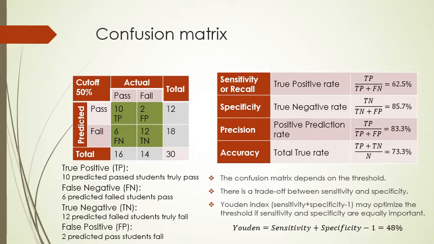The Youden index is sensitivity plus specificity minus 1, which in this example is 48%.